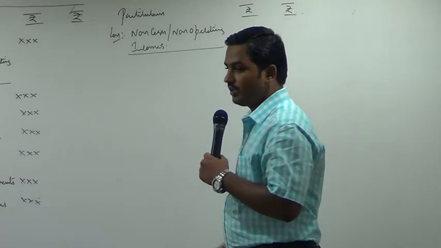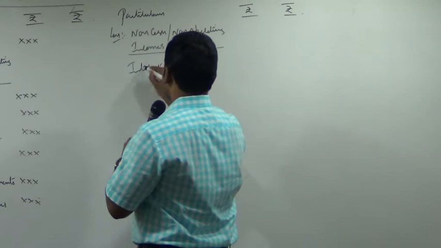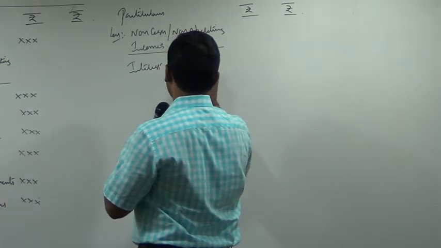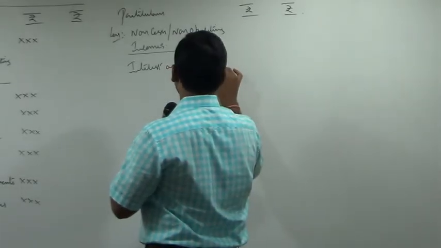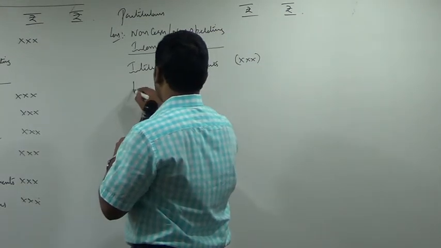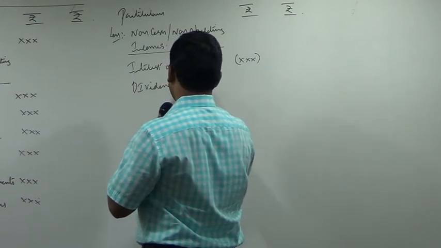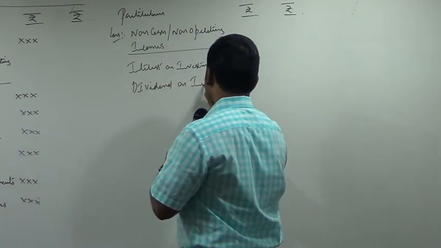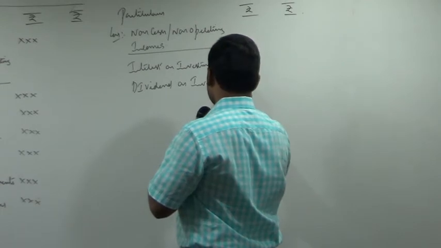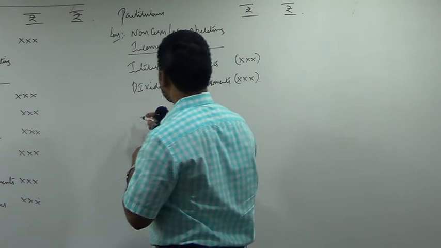Non-cash, non-operating income. Interest on investments. Dividend on investments.